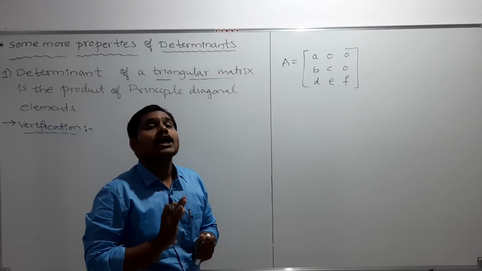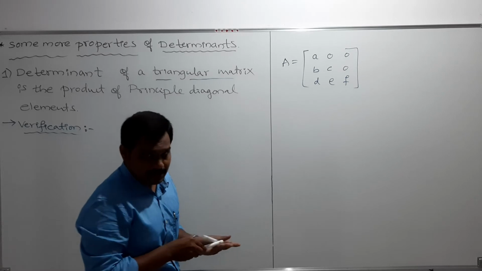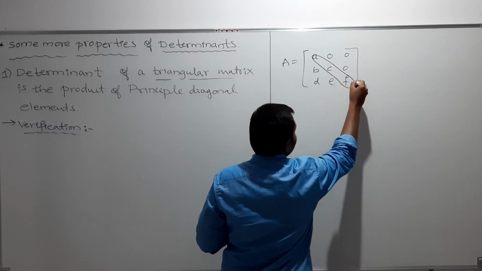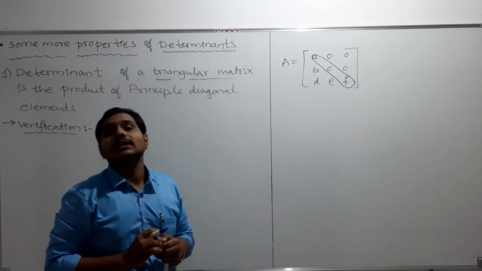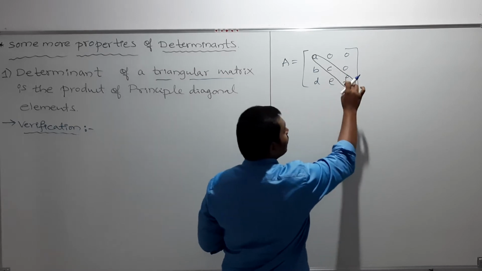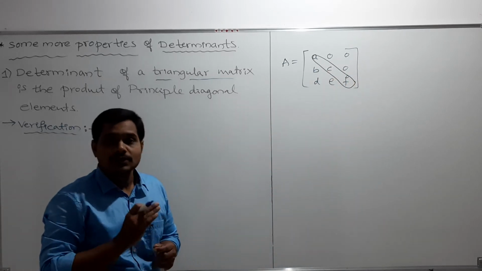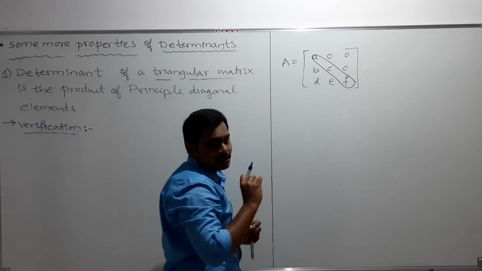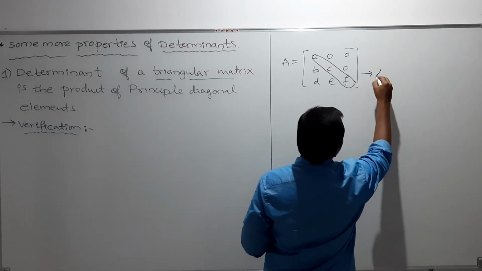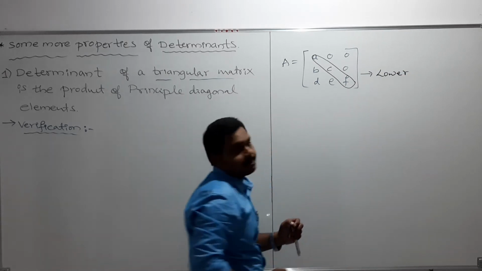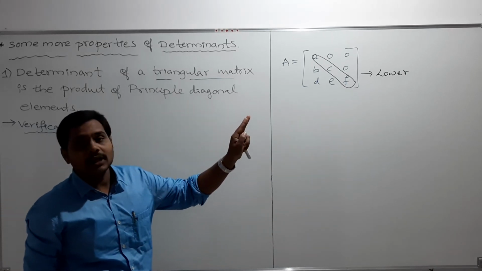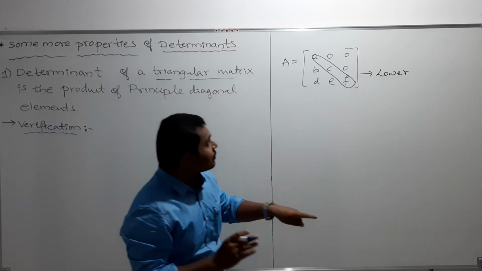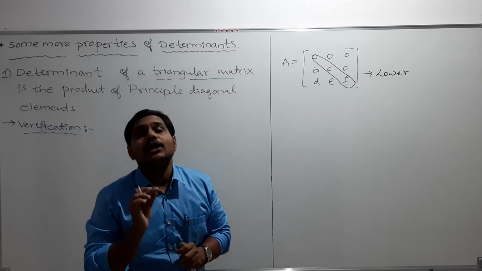Here you can observe the principal diagonal; A, C, F are called the principal diagonal elements. If above the principal diagonal all elements are 0, then such a matrix we call a lower triangular matrix.